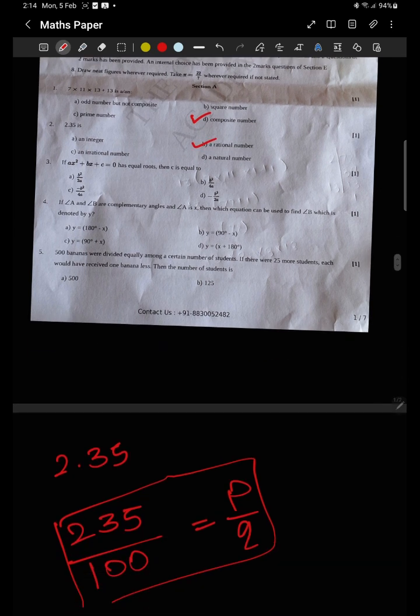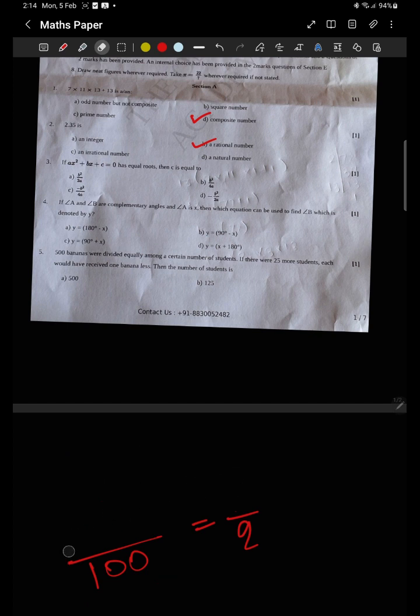Question number 3: if ax square plus bx plus c is equal to 0 has equal roots, then c is equal to what? If you notice, roots are equal. We have the equation ax square plus bx plus c equal to 0. For equal roots, the condition is b square minus 4ac is equal to 0, right?